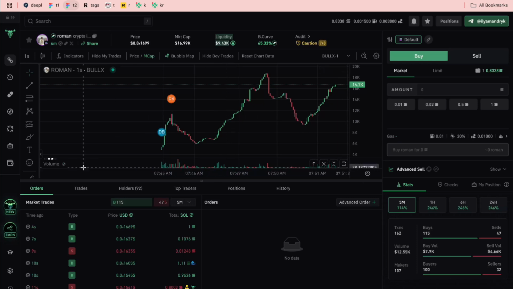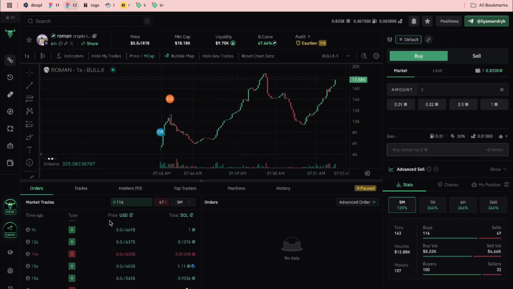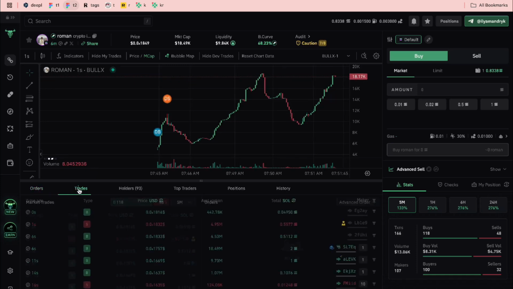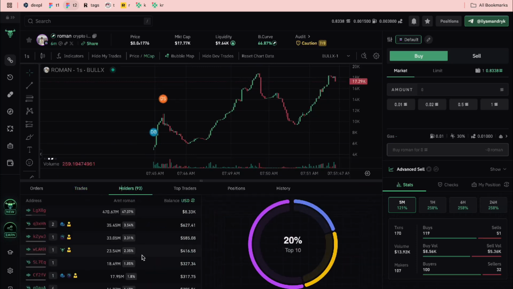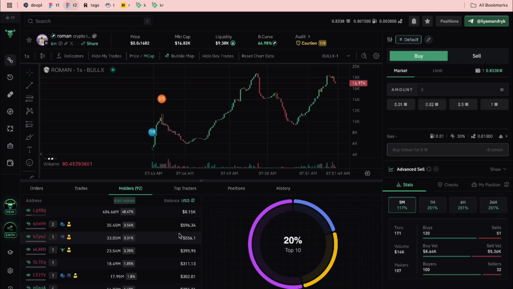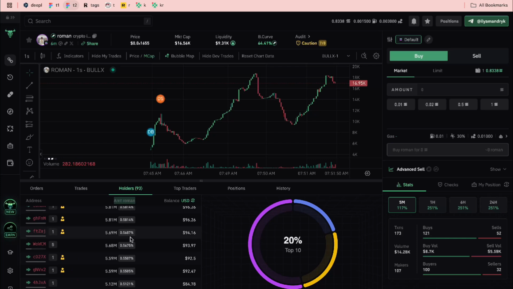Also, we can switch between orders. Trades: who bought, who sold this token. We can see all the holders and also amount. So I think it's really important to see what's going on, to analyze, to get some data.